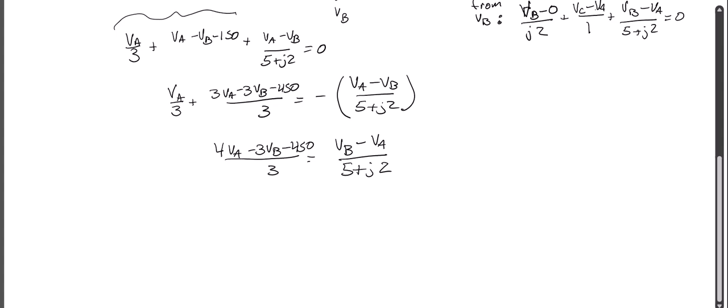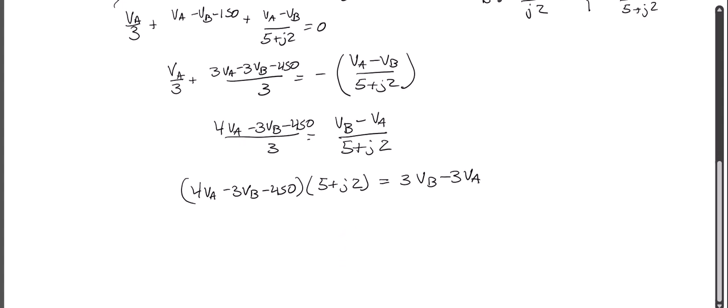And now I'm just going to cross multiply. So 4VA minus 3VB minus 450, and this keeps me from having to rationalize a denominator, times 5 plus J2 equals 3VB minus 3VA. And then you have to do this multiplication, so you multiply 4VA times each term and minus 3VB times each term and minus 450 times each term.